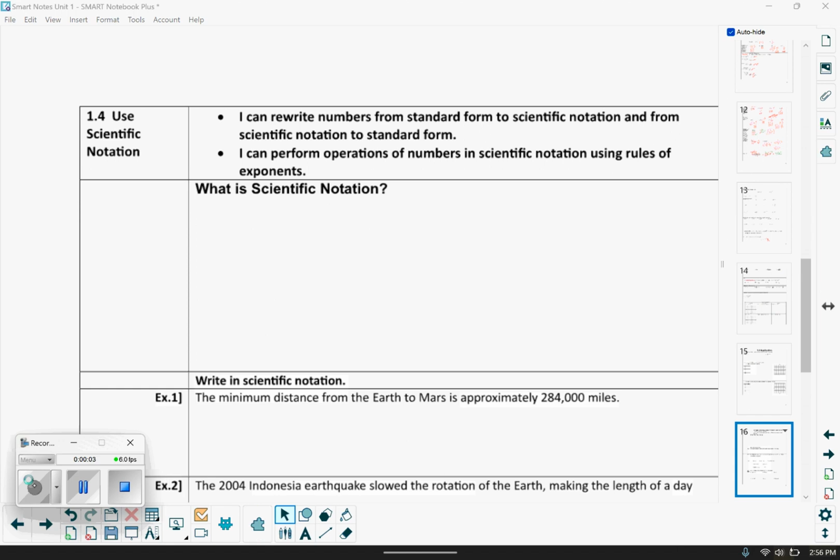All right, so this is our last section, scientific notation. When we're working with scientific notation, we're going to make large numbers in a shortened way, or very small numbers in a shortened way. So we're basically working with shorthand.